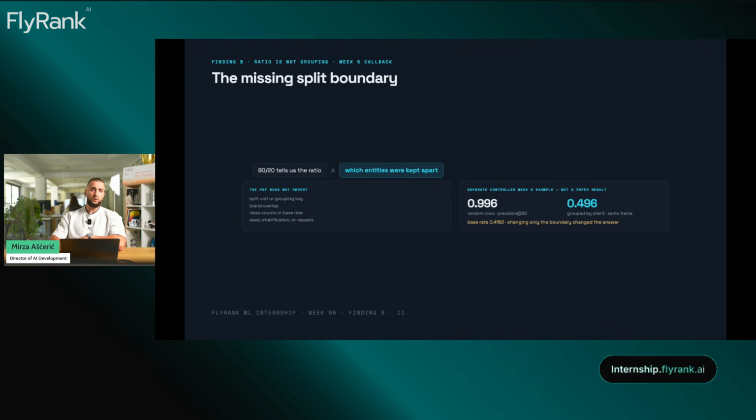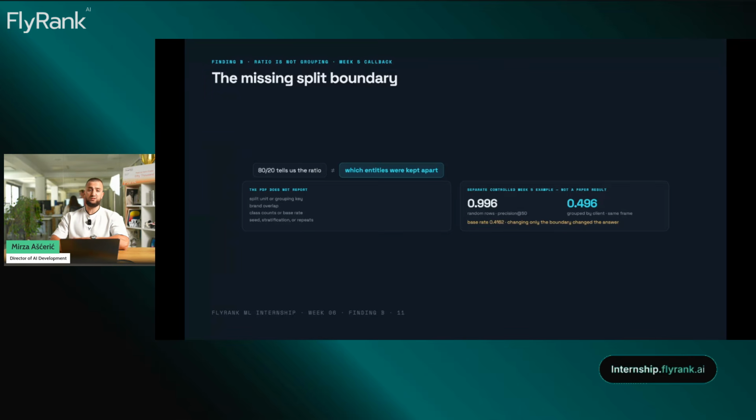We know about 80 out of 100 things went to each side, but we don't know which things were kept apart. If pages were split inside a brand, we would look at more pages from brands we know. If whole brands were kept out, we would see how well it worked for new brands. You can't tell from the paper which test was done.